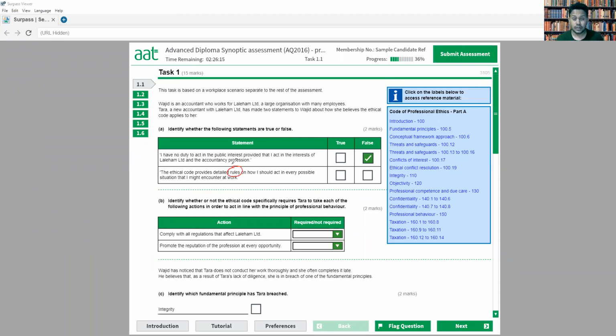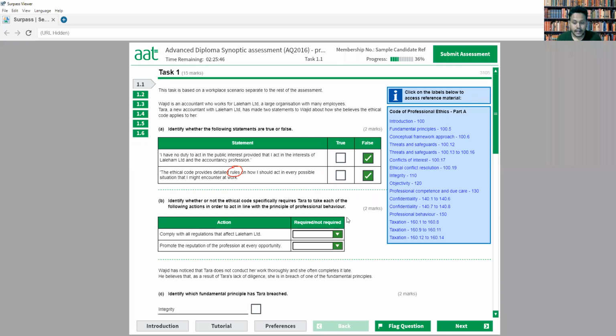Now, if this question changed from rules to guideline, that time it would be true. But now I'm going to say it is false, because ethical code is not rules, it's a guideline. But if the question changes in the exam, if they said it is a detailed guideline, that time you have to say it is true.